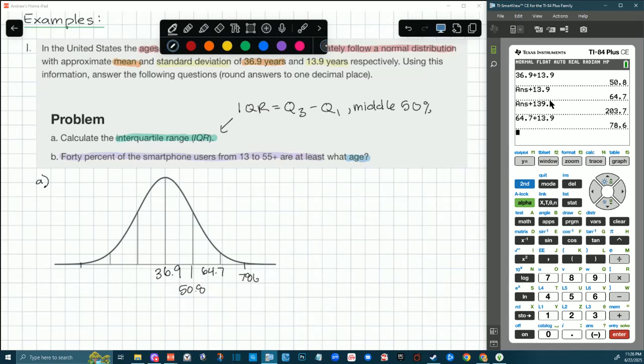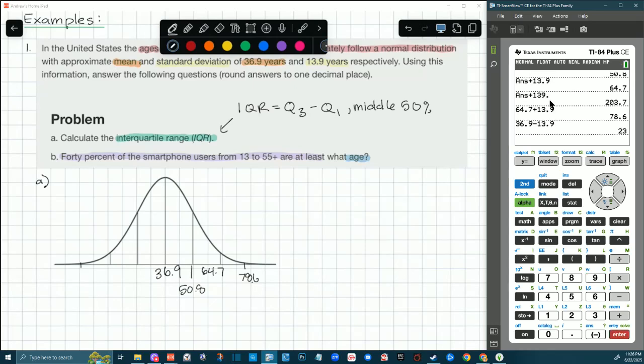And then in the other direction, 36.9 minus 13.9. And we get 23, 9.1, and negative 4.8.